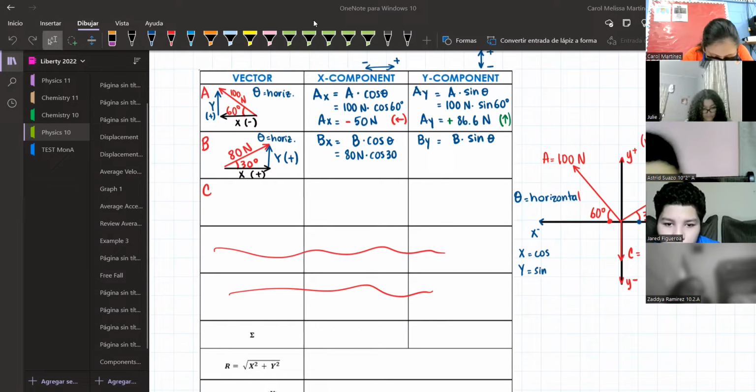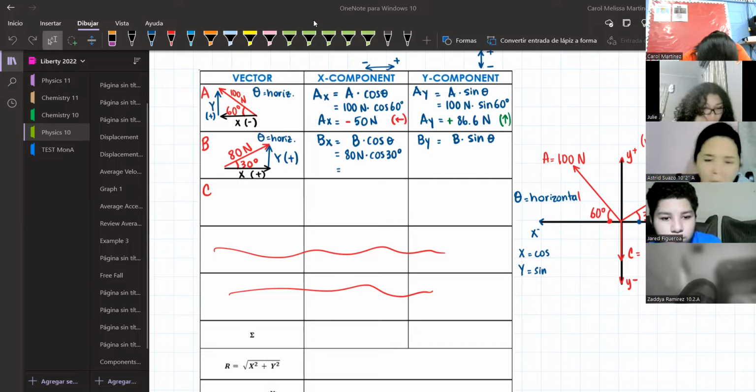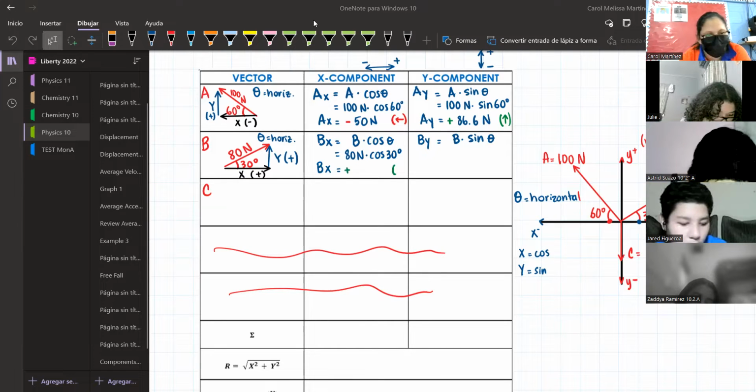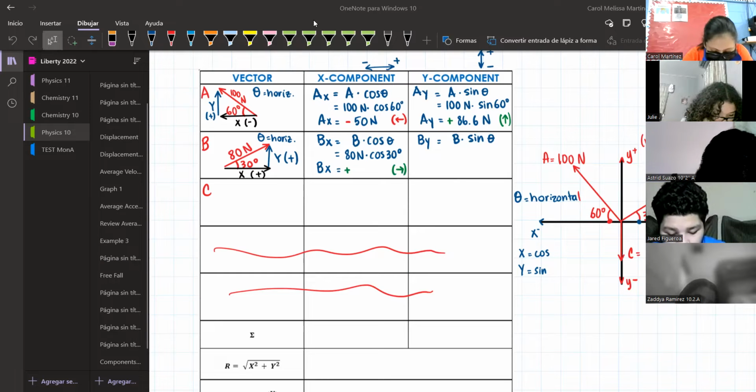How much is Bx? Positive 69.28. Very good, Carmen. 69.28 Newton, and it is positive.